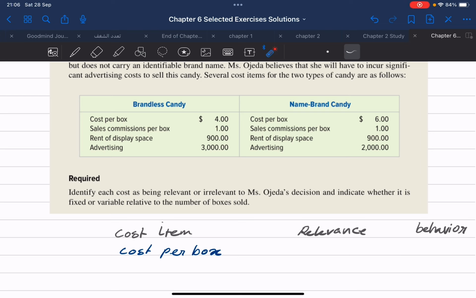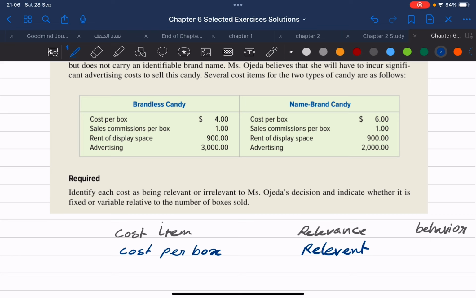What that means is that if Ms. Ojida decides to go for the brandless candy, she's going to incur $4 as a cost per box, but she will not incur the $6, and vice versa, right? So from there, we can see that this specific cost item is definitely relevant. So call this relevant information.